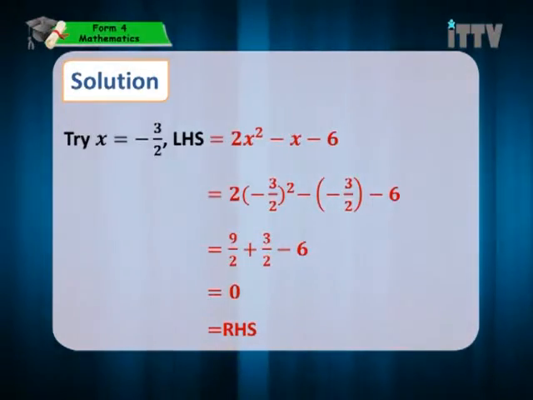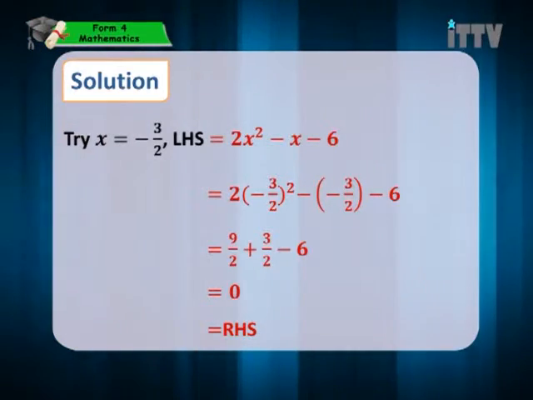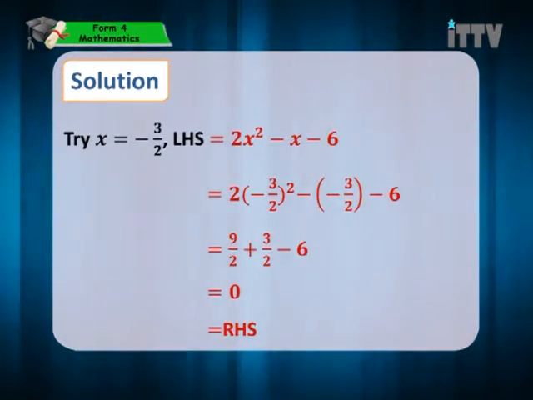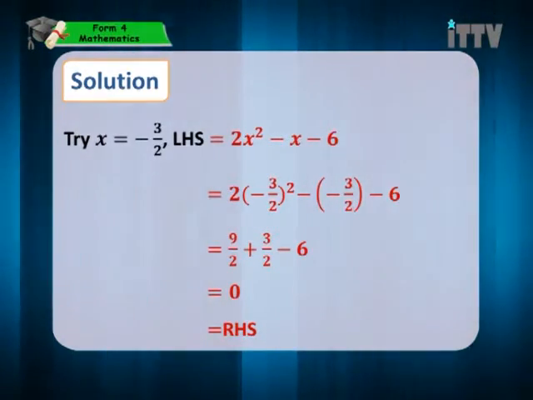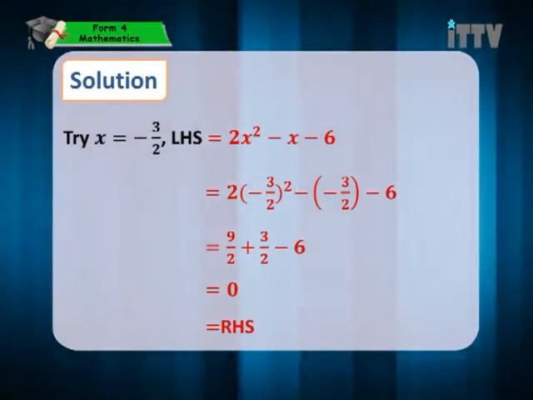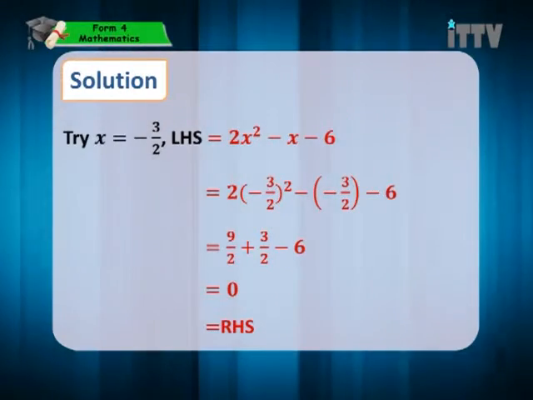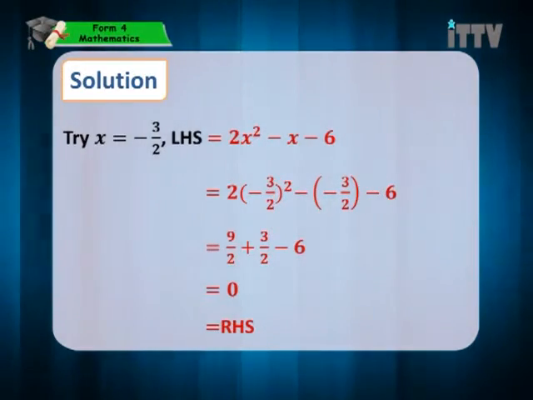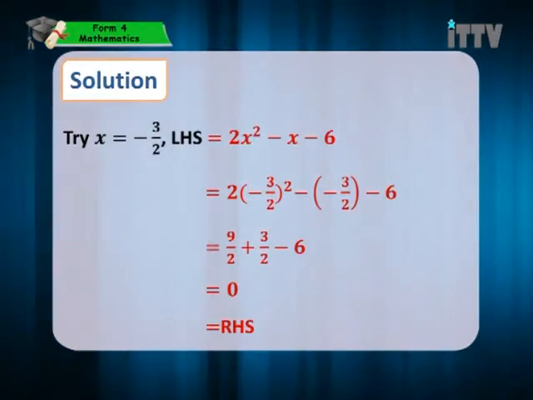Now, let us try other values to determine if there are other solutions for that equation. Alright, take a look at x equals negative 3 over 2. Remember guys, the trial and error method involves you picking any random value and testing it. So if we try x as minus 3 over 2, substitute x equals minus 3 over 2 inside the whole left hand side.